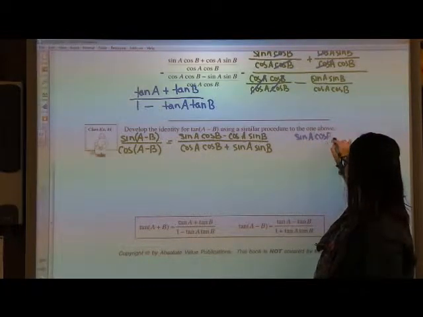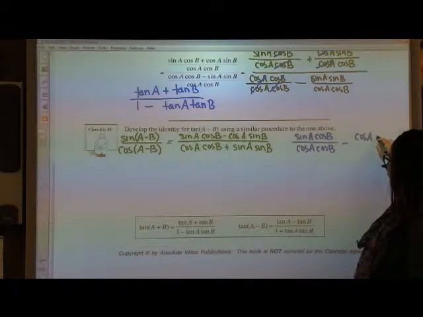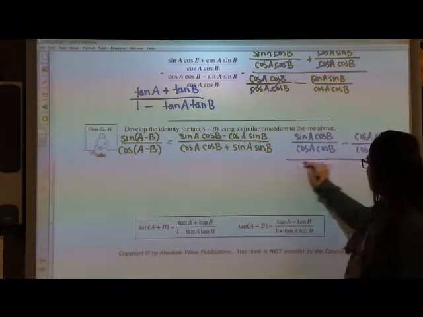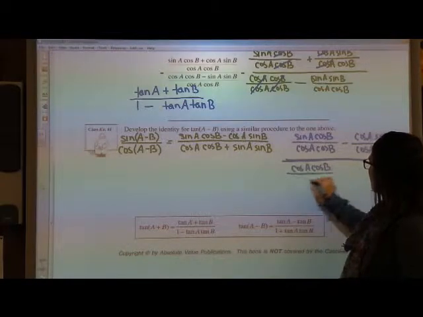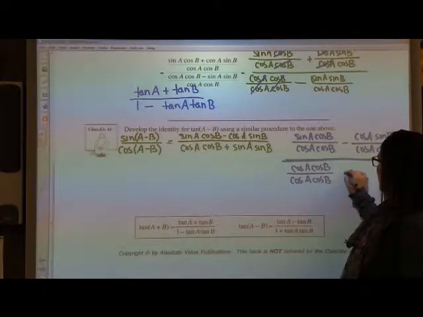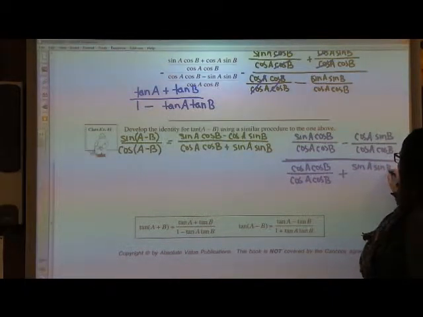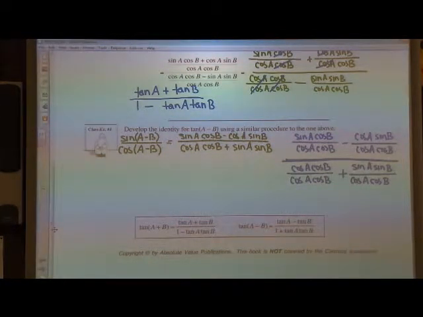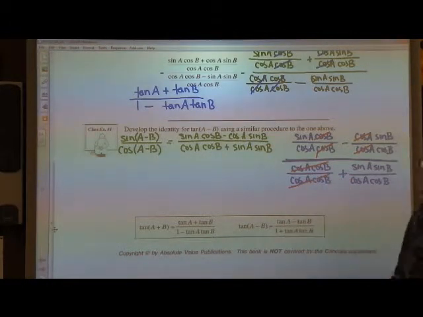Sine A cos B over cos A cos B minus cos A sine B over cos A cos B, and then I get that division bar, cos A cos B over cos A cos B plus sine A sine B over cos A cos B. And then we're going to cancel out all of the things that we can cancel out, such as cos B divided by cos B, cos A divided by cos A. All of this cancels out all of that.